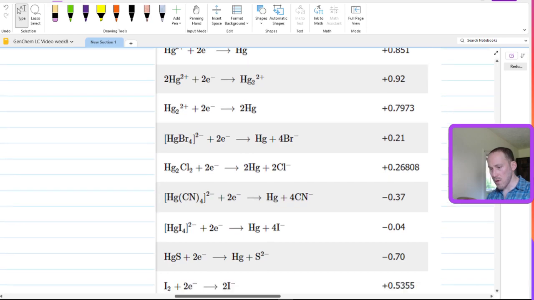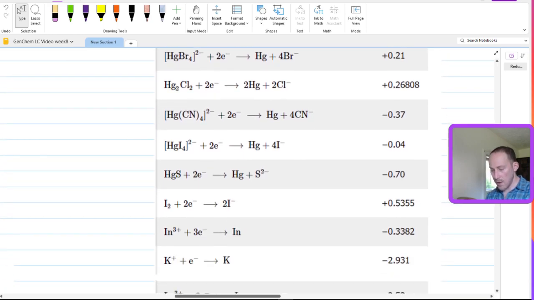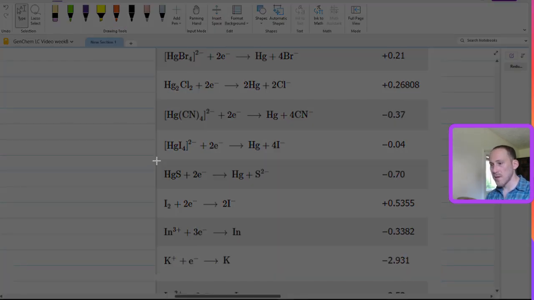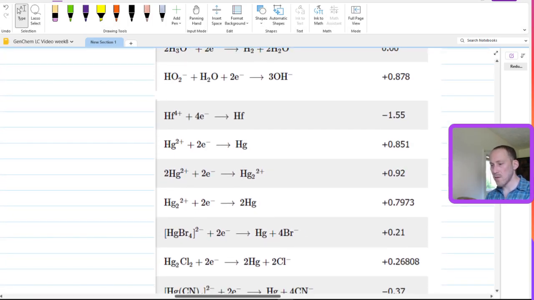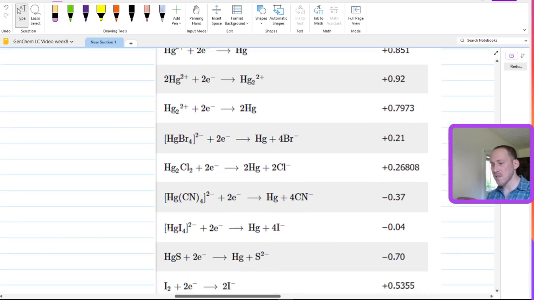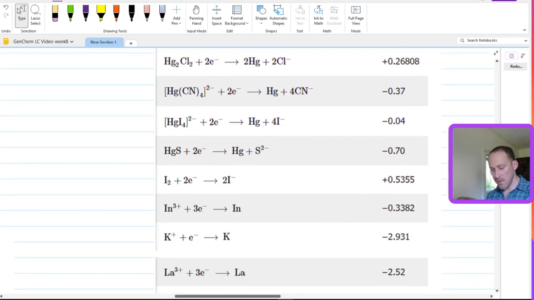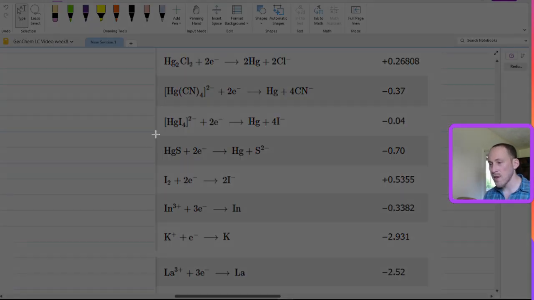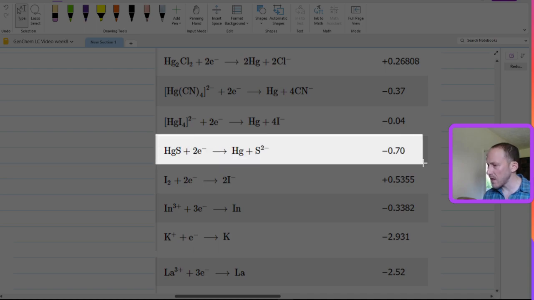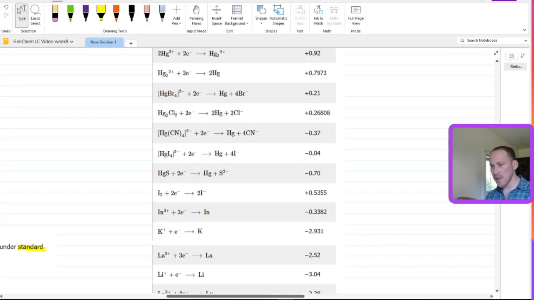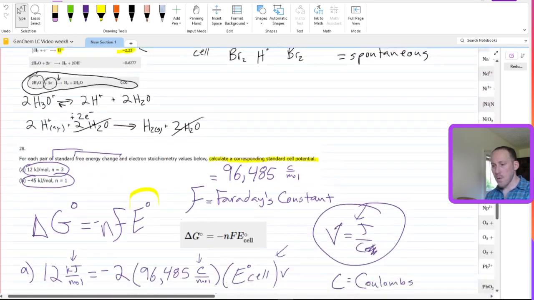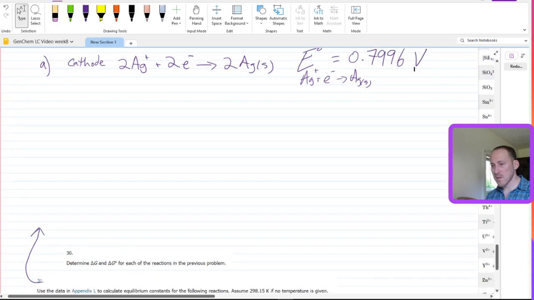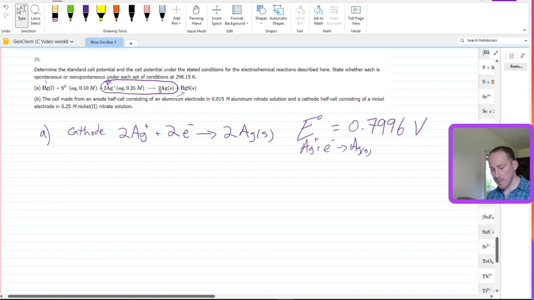Oh, and there's more? Here we go. I was about to think about this too hard, but I just want to point out, we have 1, 2, 3, 4, 5, 6, 7, 8 different entries involving mercury. If you're not careful, it'd be really easy to get this backwards. But we found one that is exactly what's been prescribed here.